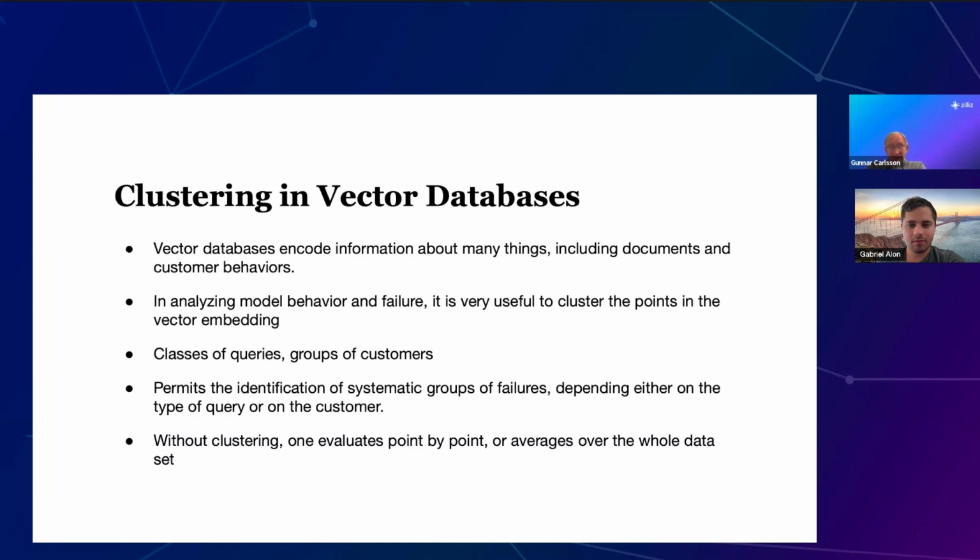Without clustering, you evaluate point by point or averages over the whole data set, and both cases don't work that well. As we'll see, the average performance over a whole data set often hides the fact that there's really bad performance locally on individual points or groups of points. And on the other hand, evaluating point by point is just not feasible.